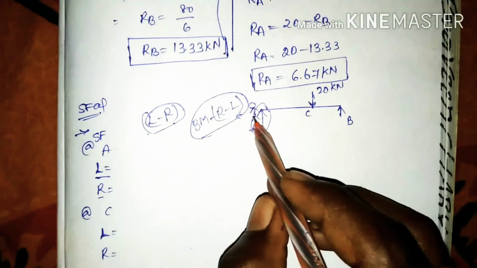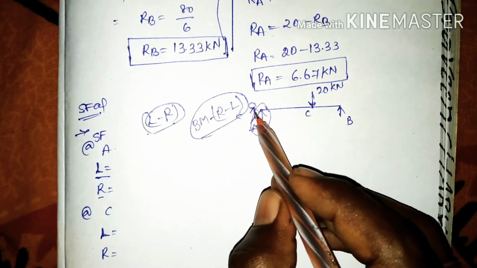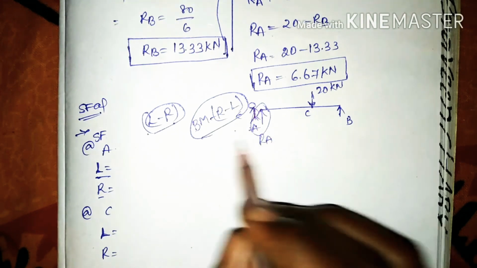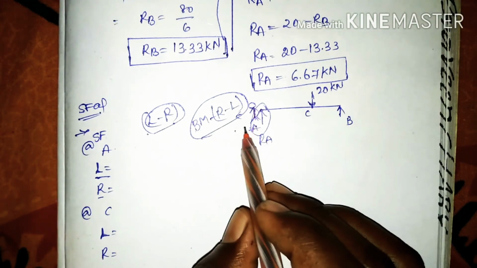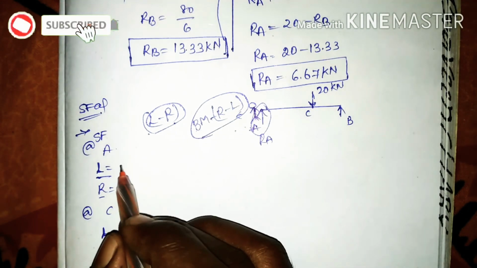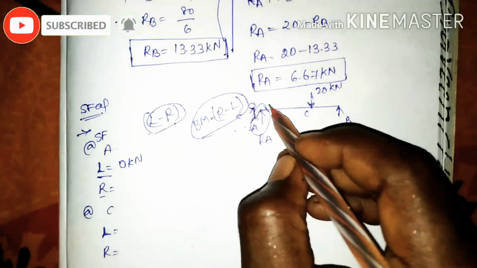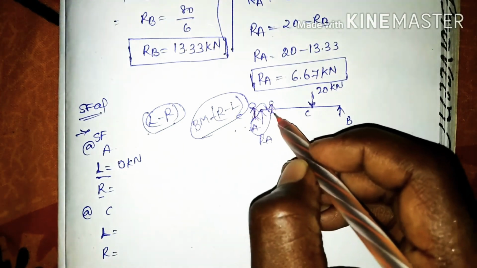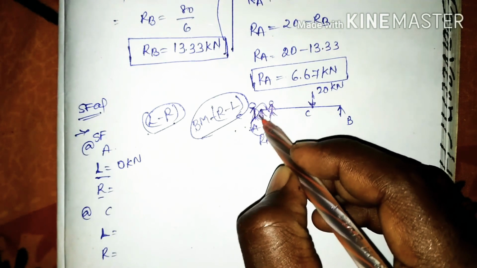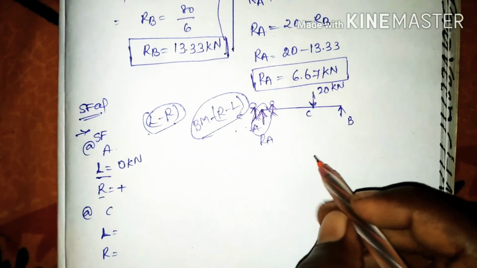Here, when I am standing just left to the A, looking left of the A, since there are no loads or reactions or supports, I am going to take that as 0 kilonewton. And if I stand just right to the A, I am going to have an RA reaction that is in upward direction, which is positive.